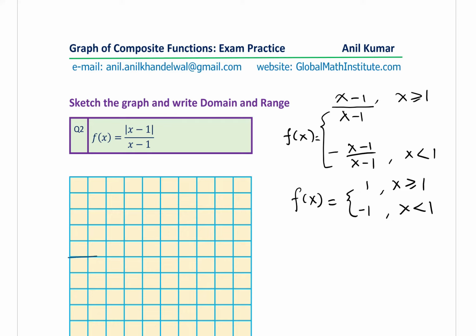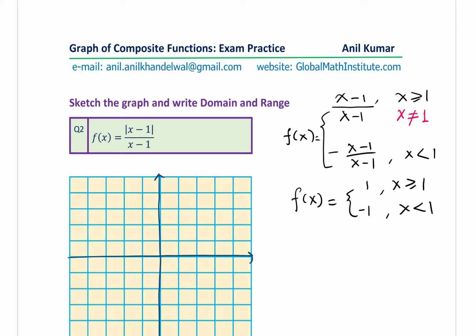Now that makes it simple to sketch the graph. So let's just sketch the graph, drawing the x-axis and the y-axis. And then we have the value. Now what happens at x equals 1? Strictly speaking, we cannot have x equal to 1. So there is a restriction that x is not equal to 1. You have to keep that in mind.